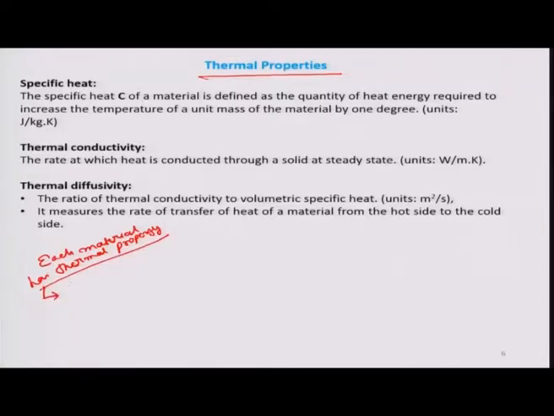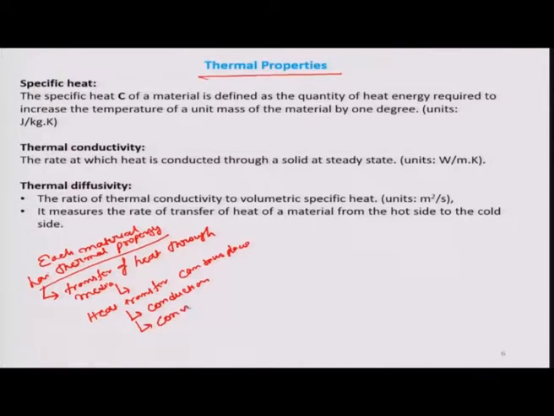Thermal property means transfer of heat through media, that is the conduction. Heat transfer can take place using conduction, convection, radiation.